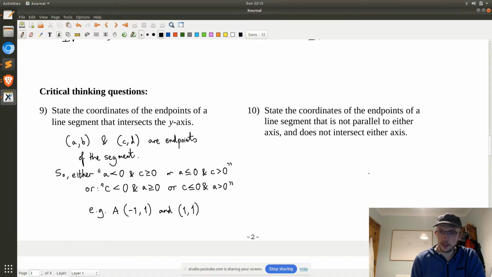I like simple examples. Is not parallel to either axis and does not intersect either axis. Okay. How about that? Nice.